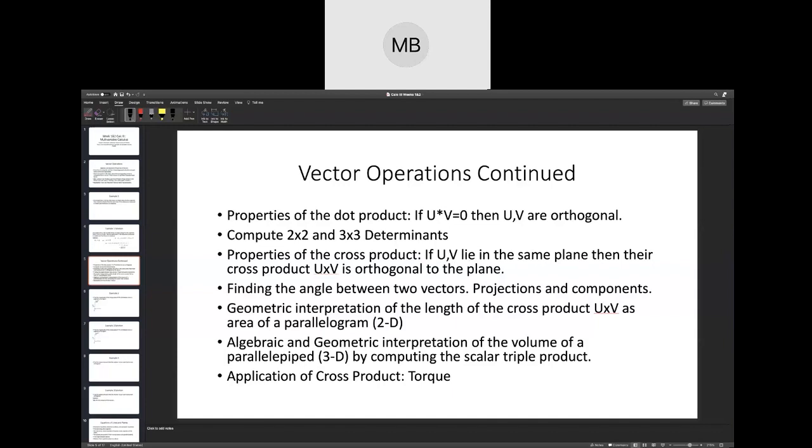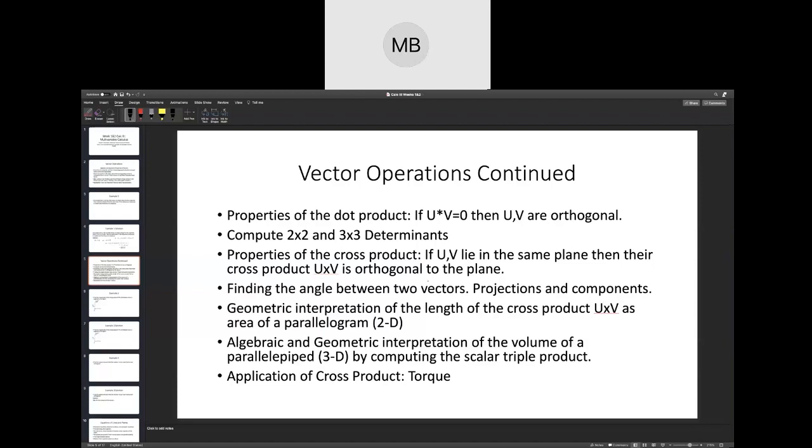Then we would have to take a 3 by 3 matrix and take the determinant of that matrix, and then we would see that if u and v lie in the same plane, this cross product is orthogonal to that plane. So orthogonality, again, becoming important. We'll see why this is important in just a minute.